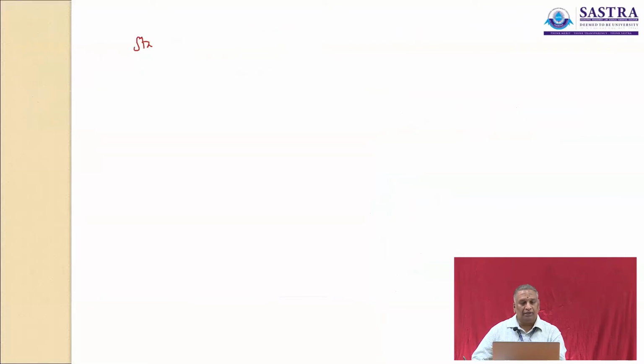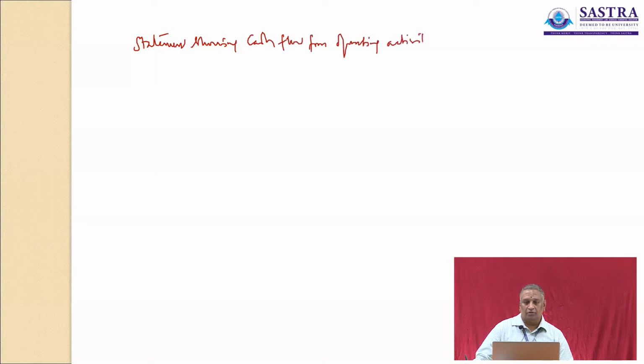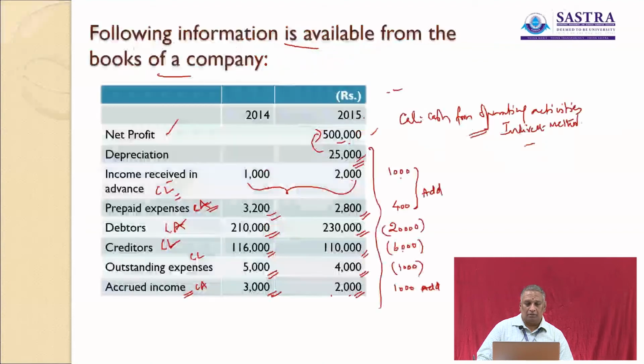Now we move on to the workings. So, statement showing cash flow from operating activities, indirect method. So net profit before tax and extraordinary item.